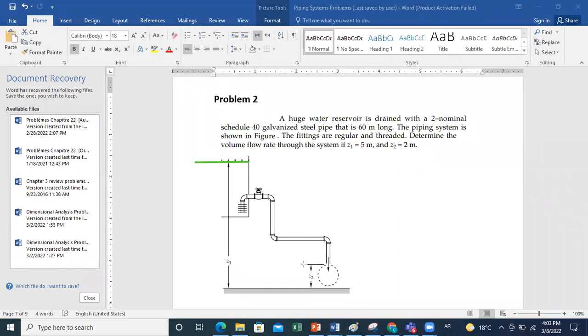We also know the conditions because point 1 is subjected to atmospheric pressure, and at point 2 we have exit of flow also at atmospheric pressure. So already we know a lot of conditions at points 1 and 2. We can say already that P1 equals P2 equals P atmospheric.